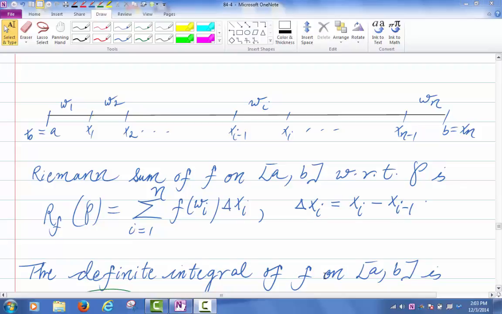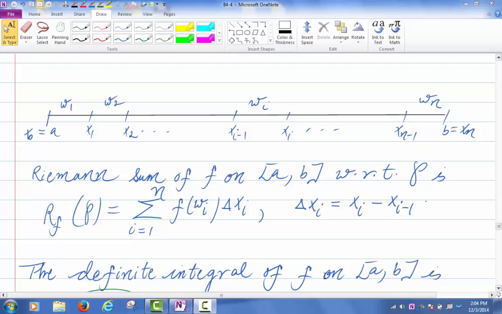So w1 is a sample point from the first subinterval, w2 is a sample point from the second subinterval, wi is from the ith subinterval, and wn is from the nth subinterval.